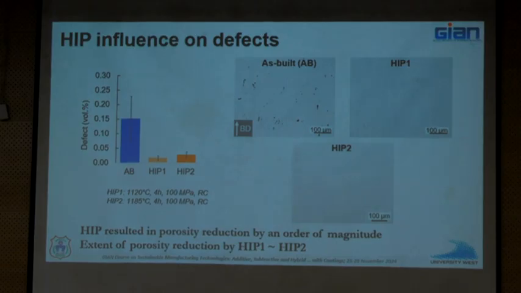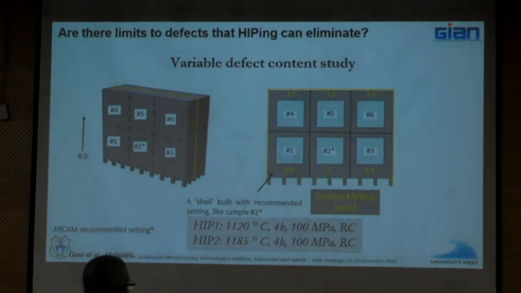We were looking for an answer. So, we constructed this experiment, right? We intentionally built in an EBM samples with very different porosity. We intentionally introduced defects. There are many ways to introduce defects intentionally while you are processing.